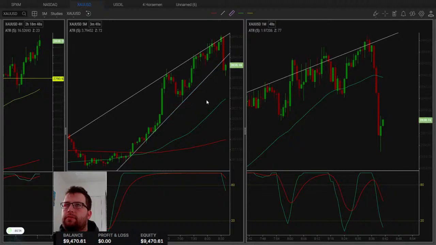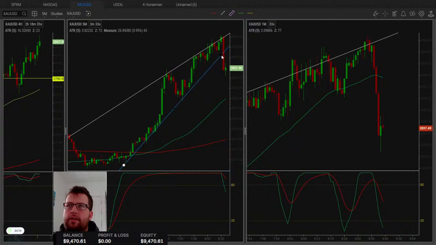Breaks through a possible channel that other traders are drawing on their charts. In fact, this is probably about where a lot of traders, right, yeah, I liked it where it was, probably about right here, so this would be a breakthrough.